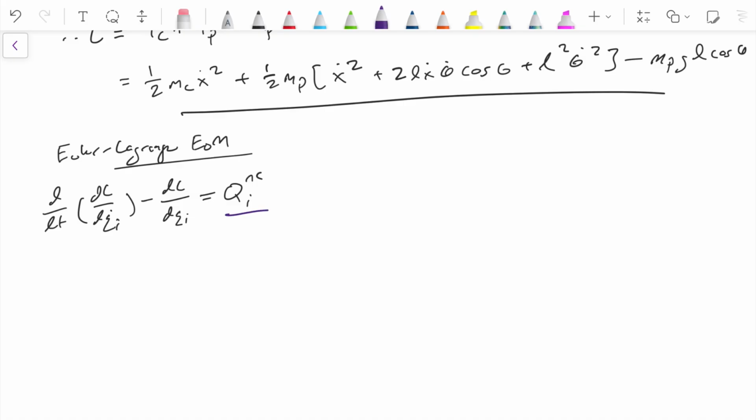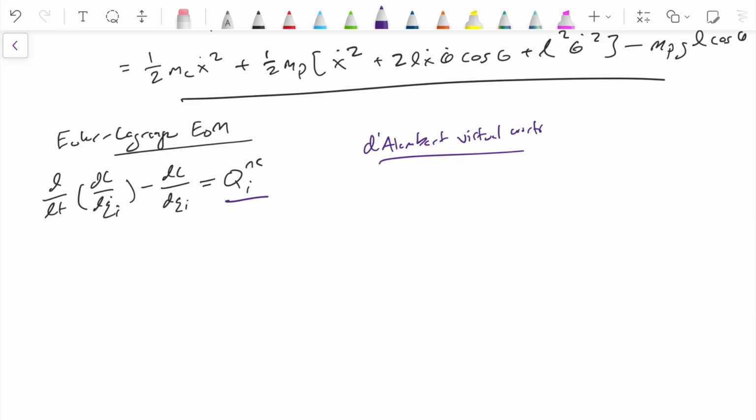Where this comes from is D'Alembert's principle of virtual work. Sorry if I mispronounced D'Alembert. But essentially what this says is the delta of the work non-conservative is equal to the sum of the non-conservative forces F_i acting in the direction of the virtual displacement r_i.